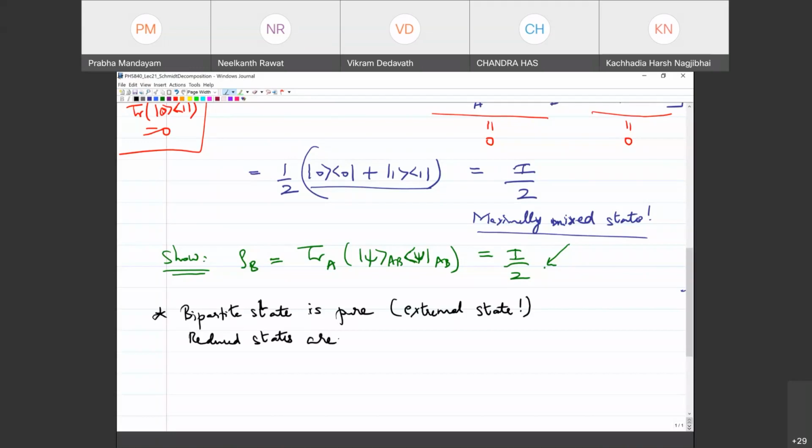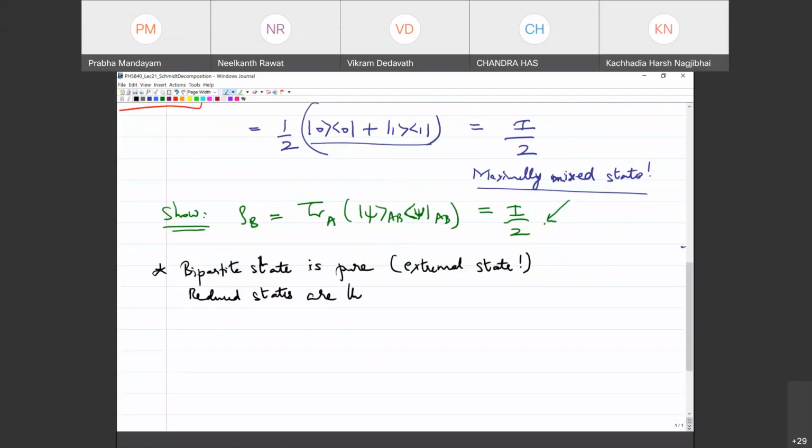They are the most mixed states. So this is a hallmark of an entangled state, that the whole has more information than the parts.